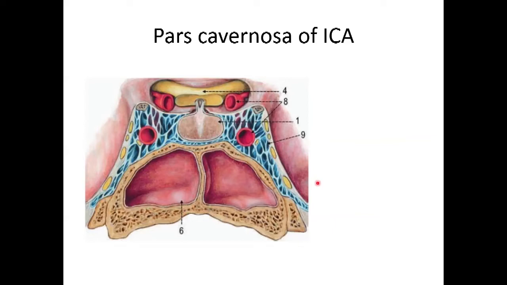This is a famous German textbook. And what is seen here? It's the Turkish saddle. This is sulcus chiasmatis, and number 4 is chiasma opticum.